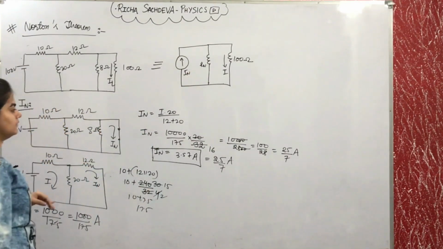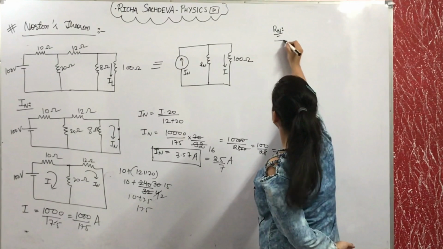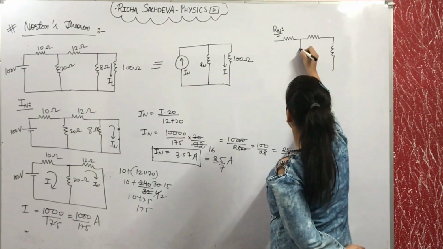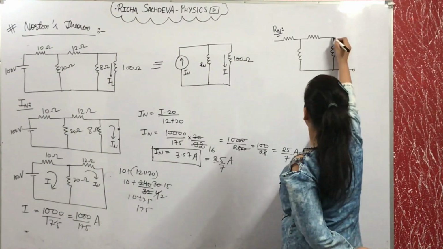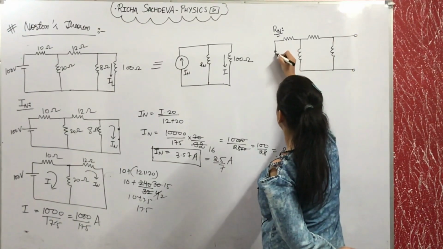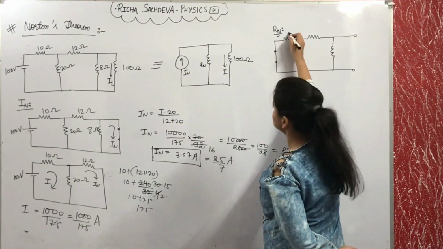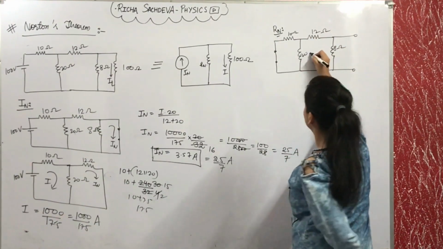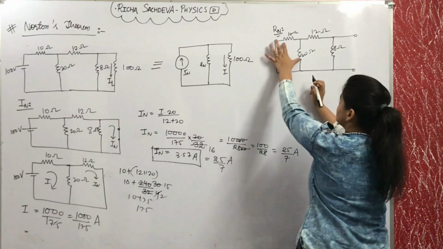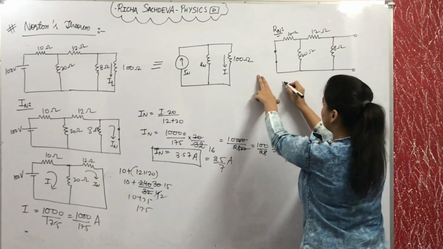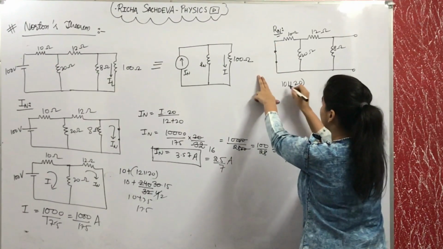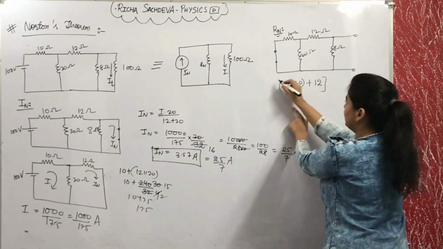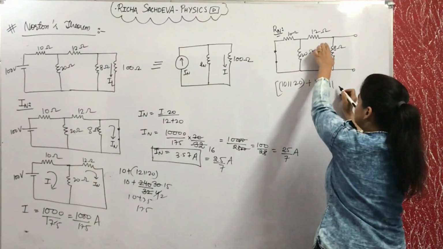So for RN let us redraw this circuit. And we will short the given voltage source. This is 10 ohm, this is 12 ohm, this is 8 ohm, this is 20 ohm. So these two are in parallel. So 10 is parallel to 20, which is in series with 12, and this whole thing is in parallel with this 8.